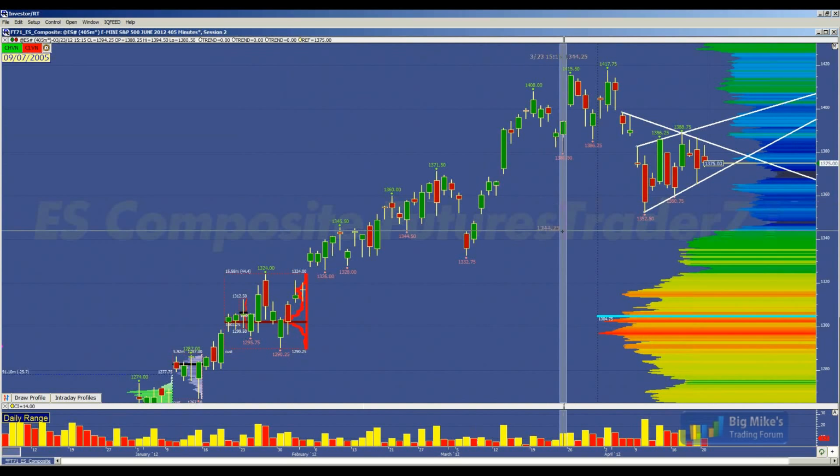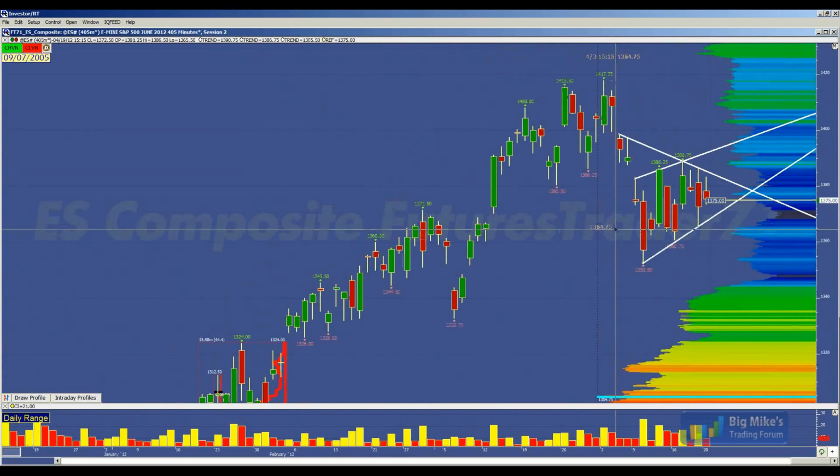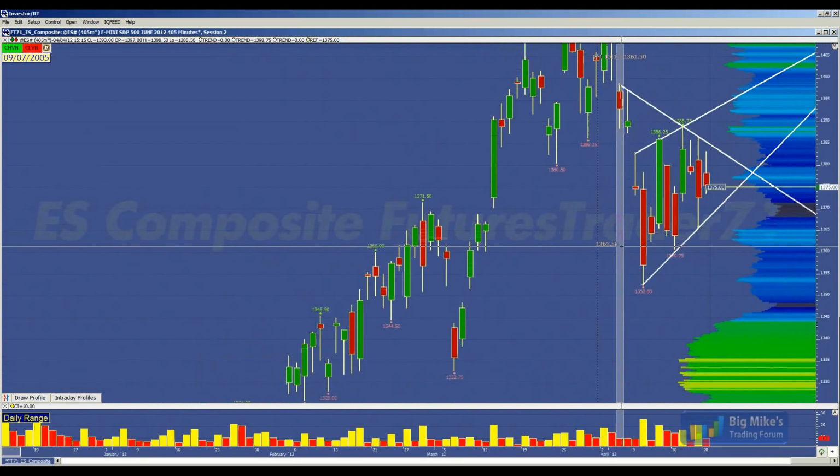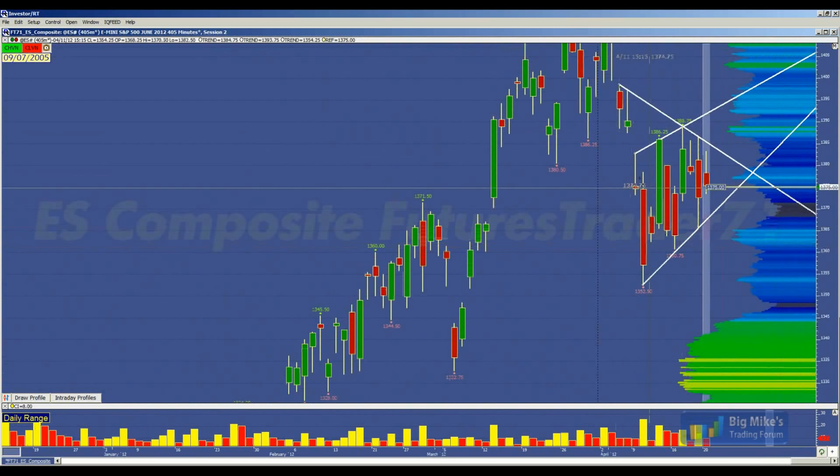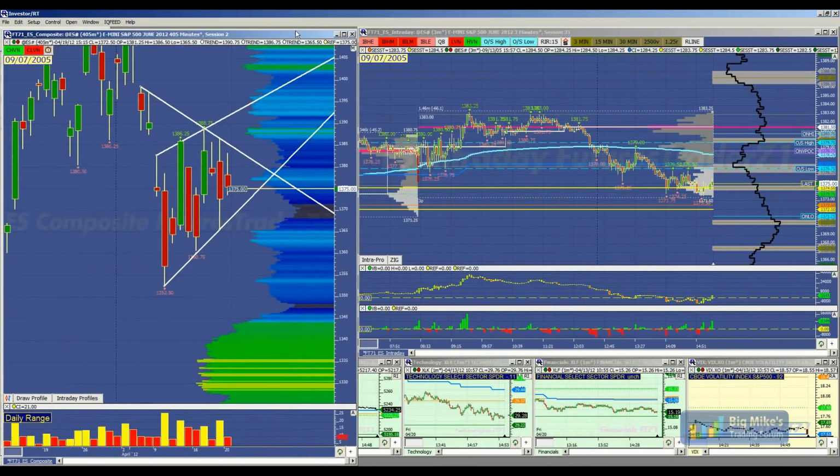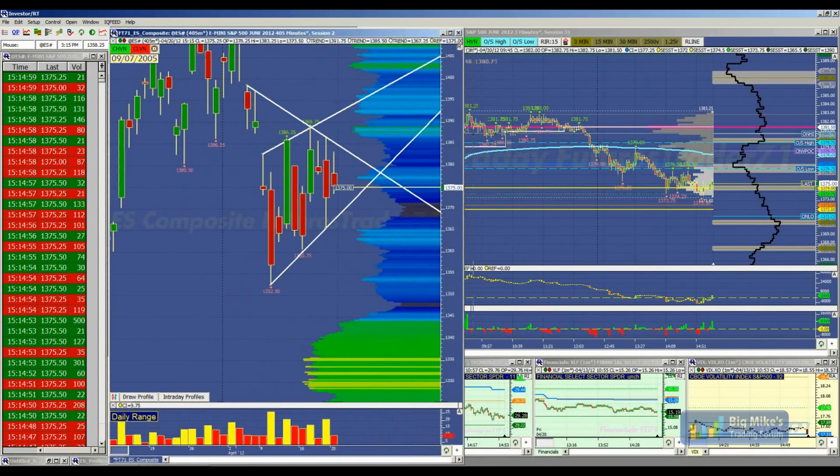Okay, so once I come into the day, I'm basing my general ideas on my context on this composite chart. Where do I go next? Oh, somehow I've stopped this from shrinking back to where it's supposed to go.